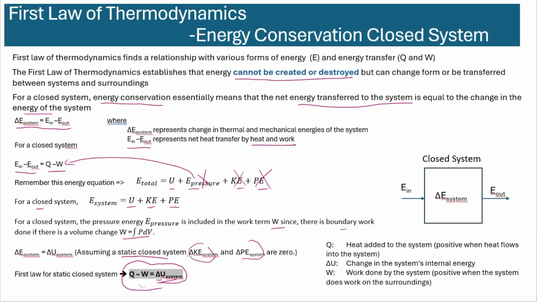So Q minus W is equal to delta U system, the change in the system's internal energy.